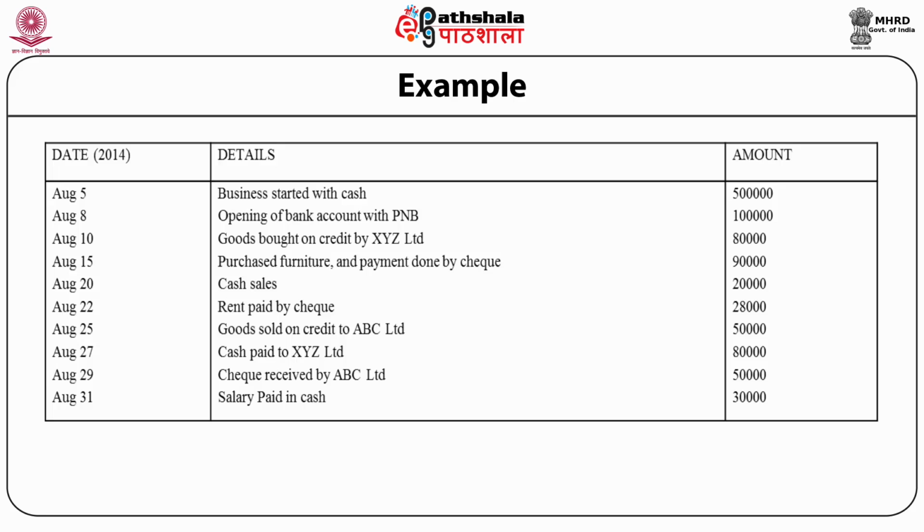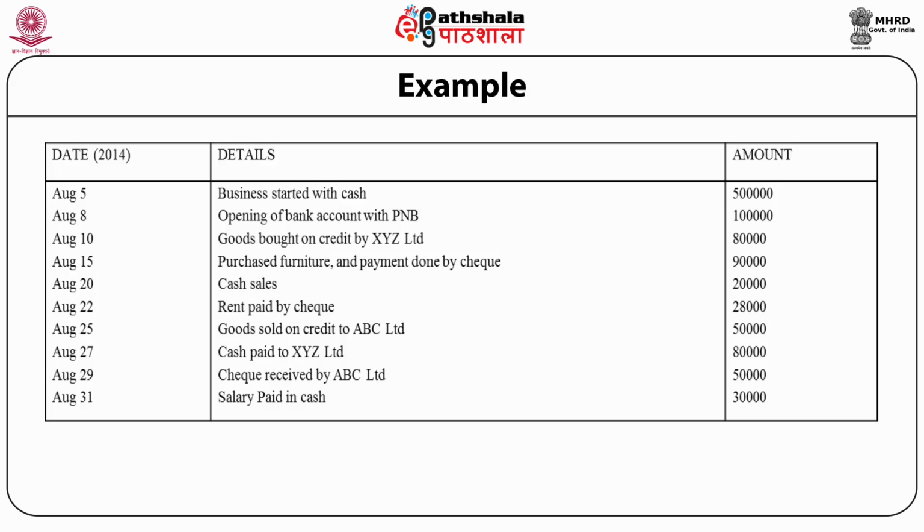Cash account. Debit side of cash account: capital rupees 5 lakhs. Now credit side. August 8, bank 1 lakh. Debit side. August 20, sales 20,000.